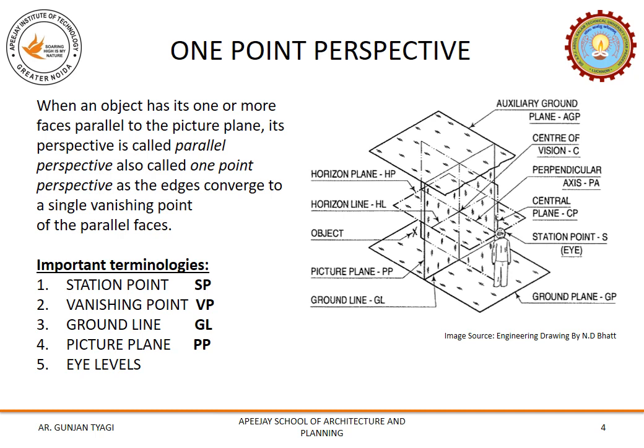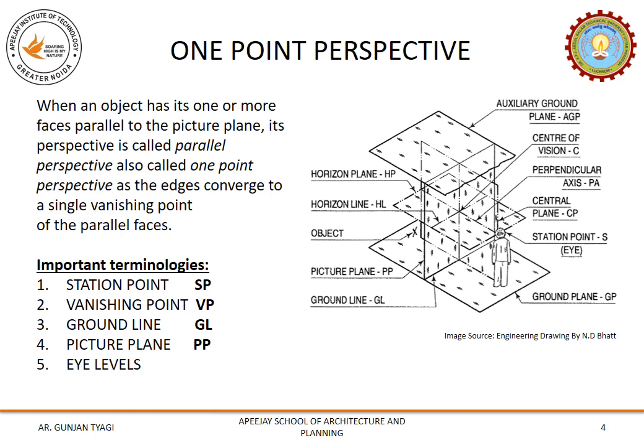Now, what are the important terminologies which we will be using in 1-point perspective? As learned earlier, the terminologies used in 1-point perspective are more or less similar to 2-point perspective, so we would like to brush up what we have read earlier. The first point is the station point, also called SP. As you all know, the station point is the point where an observer looks at or views the object.